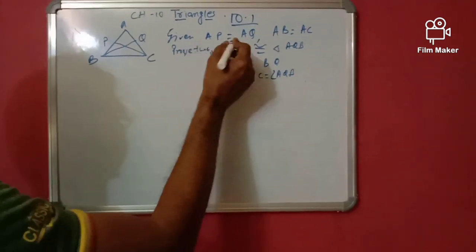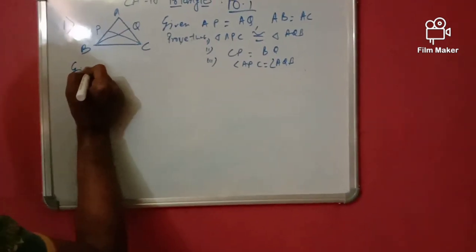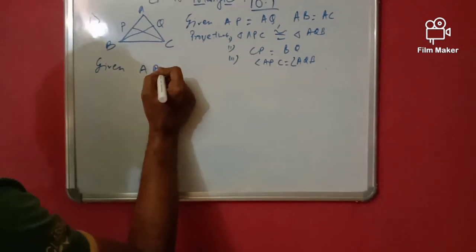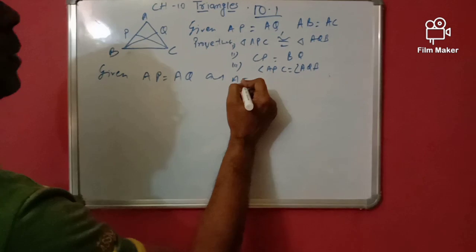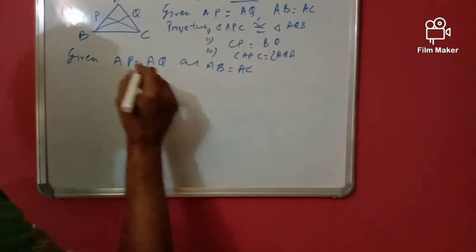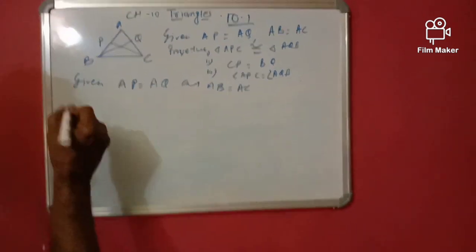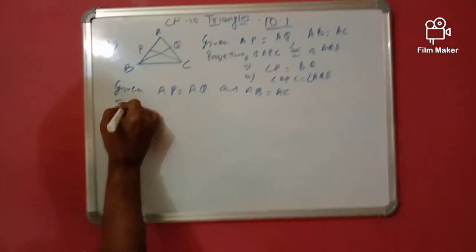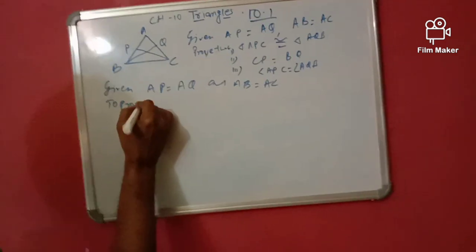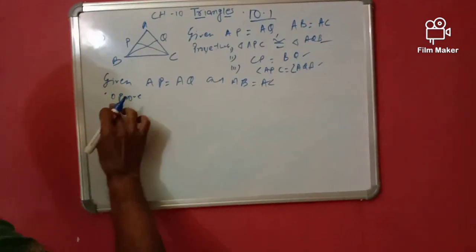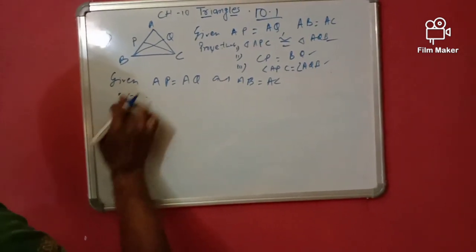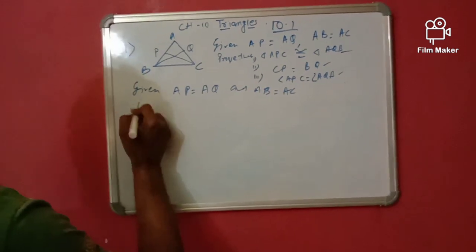Given, what is given, you have to write first: AP equal to AQ and AB equal to AC. To prove, we have already written, so I'm coming directly to the proof. Proof. Write down the proof.